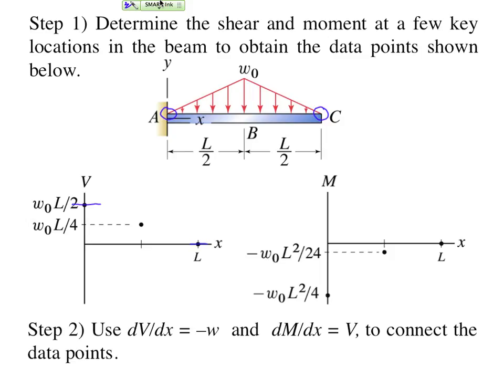We can also see from W of x that it rises linearly to its peak value at L over 2. That's where its slope is going to be maximum. So we could sketch that in here.